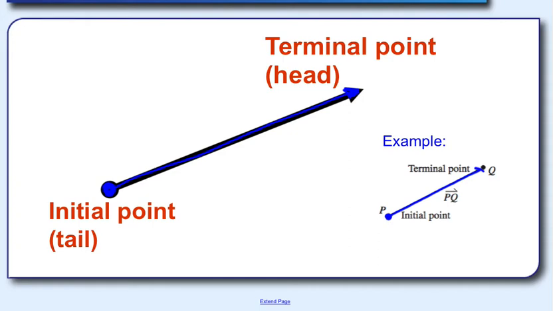It has an initial point P, and it goes off to Q, the terminal point. So how you write that is PQ with a line, and that line has an arrow heading off to Q to show the direction that it's going. So go ahead and write that example down and those terms, initial point and terminal point.